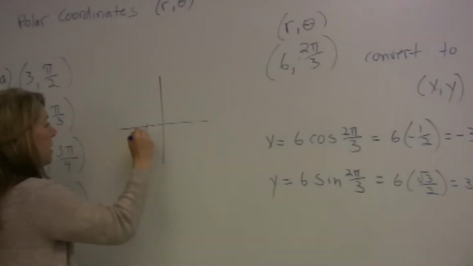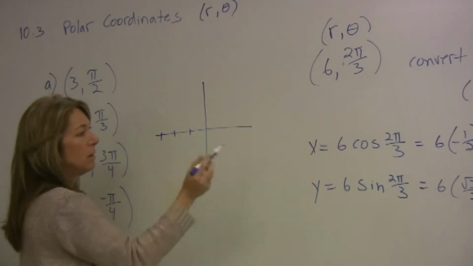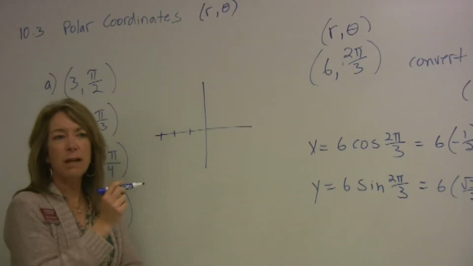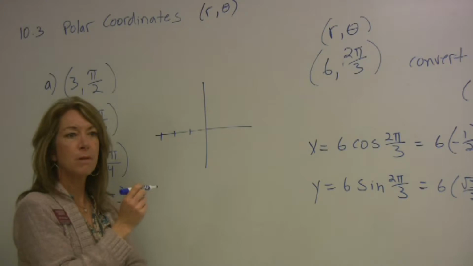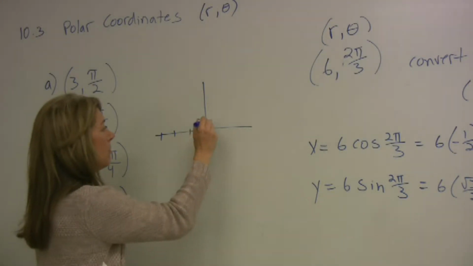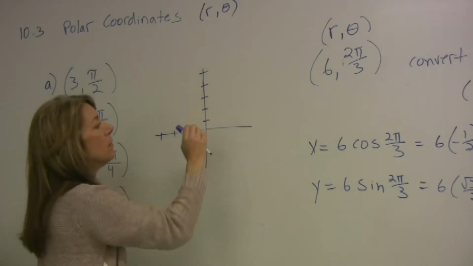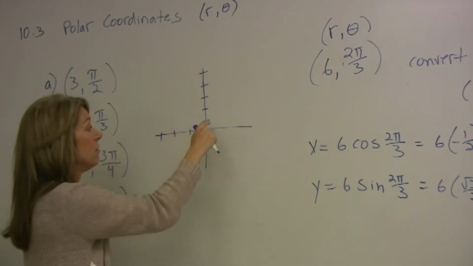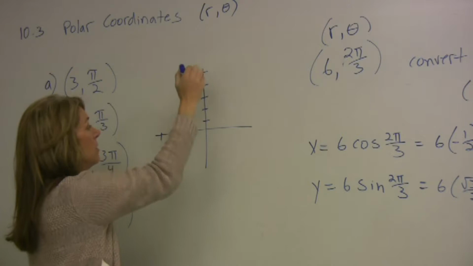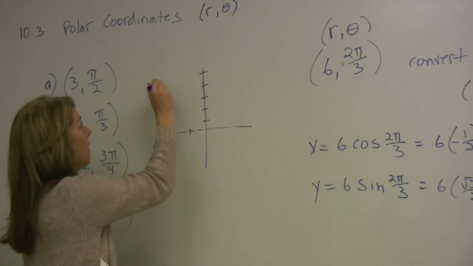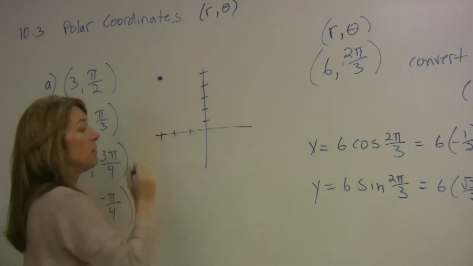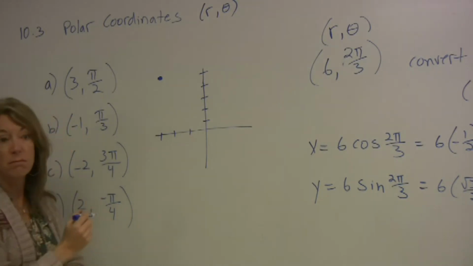So -3 means I'm going 3 to the left. What's 3 root 3 as a decimal? 3 times square root of 3? 5.19, 5.2-ish. I'm gonna go over -3 and up about 5.2. Puts me right here, roughly.